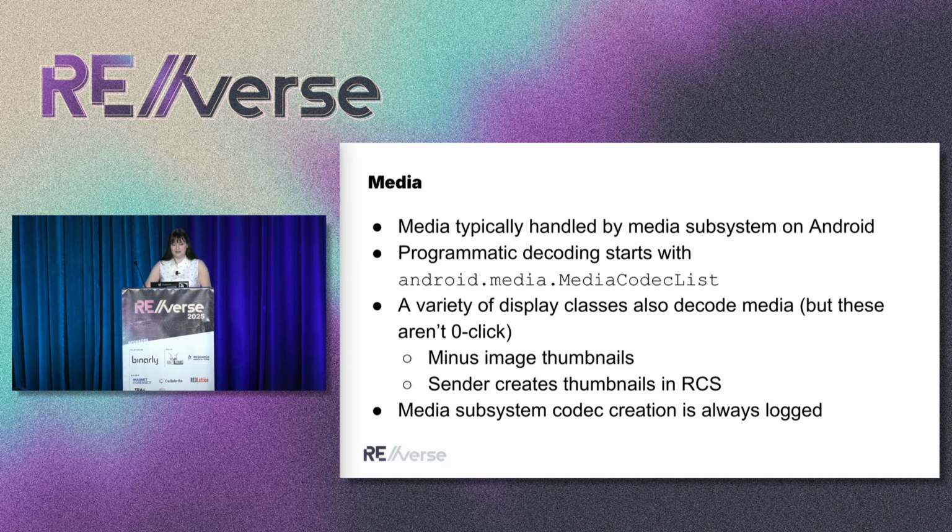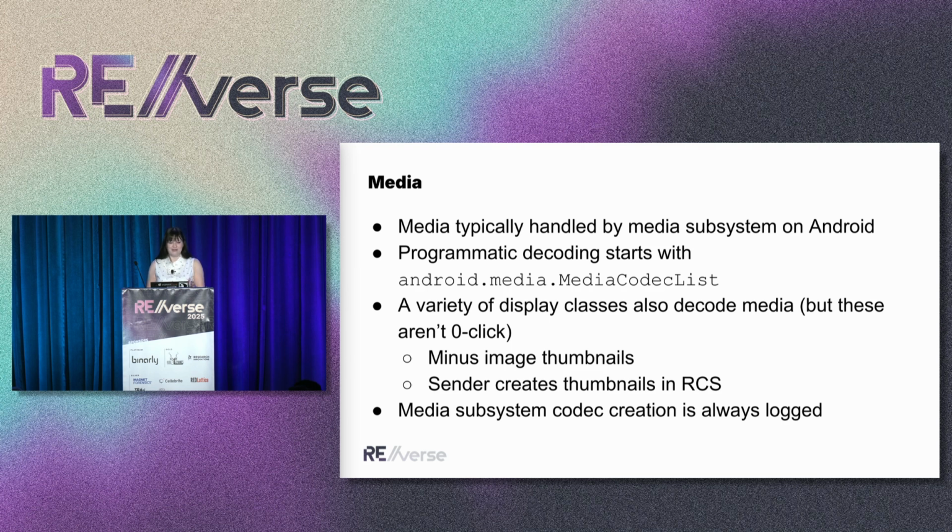But one thing, and this is kind of good design for reducing attack surface, in RCS, it will never actually locally thumbnail a video. If you want your video to be thumbnailed, you have to send the thumbnail with it, and then it will just display that thumbnail. So that gets rid of, there used to be a good attack surface in Android where if you sent a video, it would try to thumbnail it before the user clicked, and there were lots of bugs there, but RCS doesn't have this anymore.